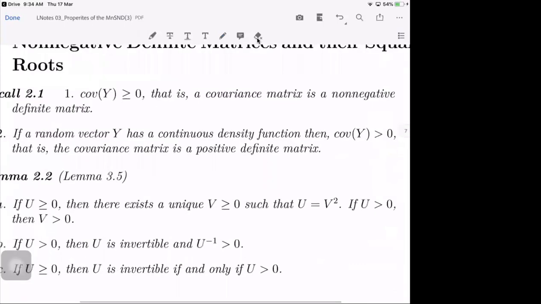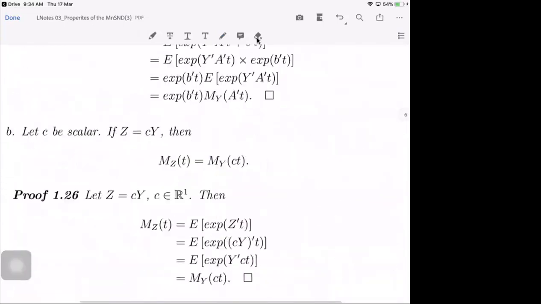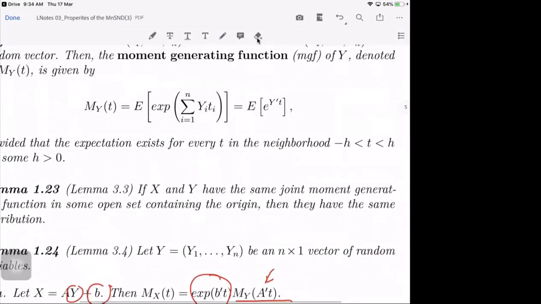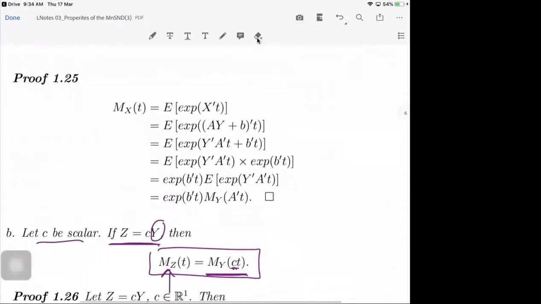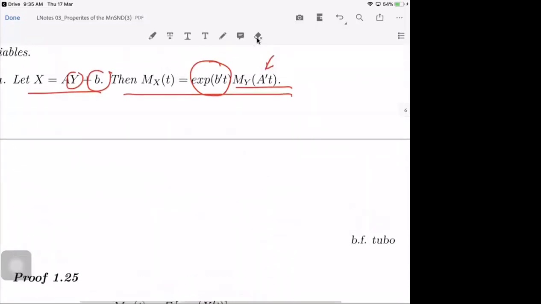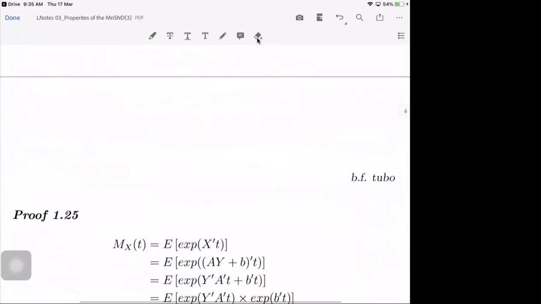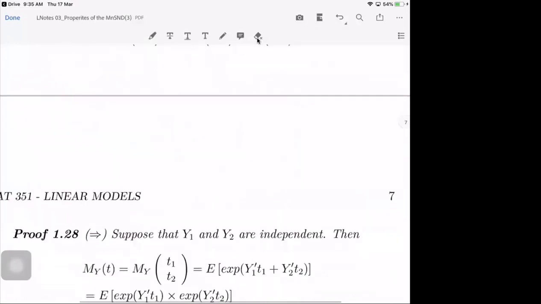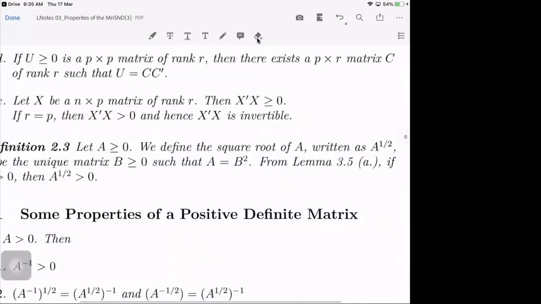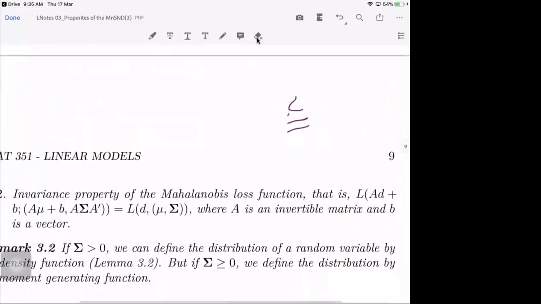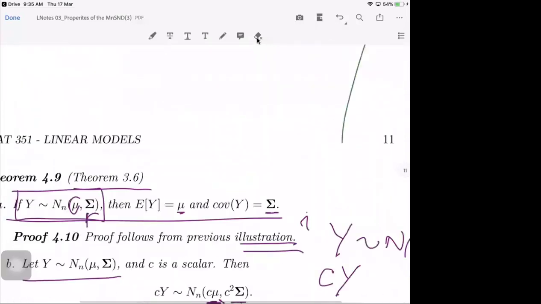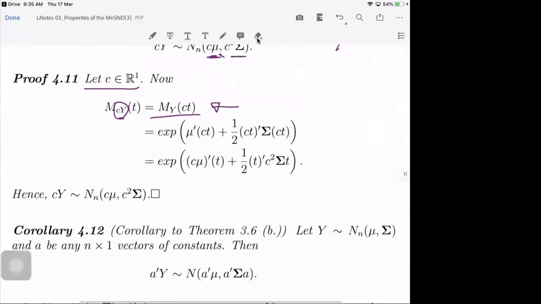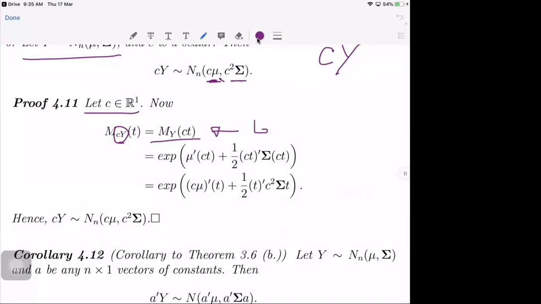So what lemma was that? That was lemma 3.4b.